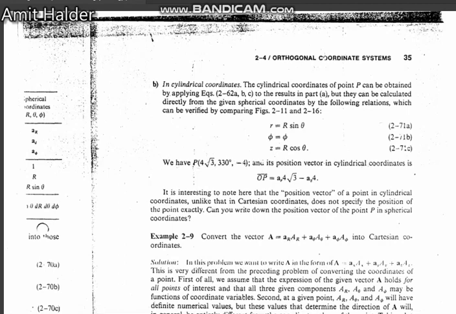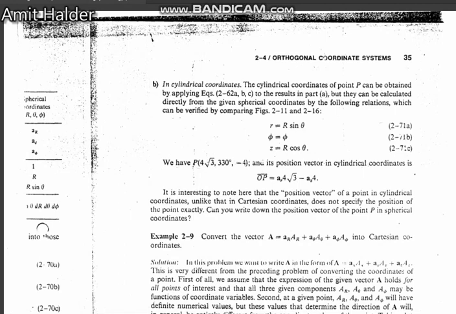Now just look at it. That will be x divided by root over x square plus y square plus z square, that means x divided by r, where r is root over x square plus y square plus z square, because as we know x is equal to r sine theta cos phi.